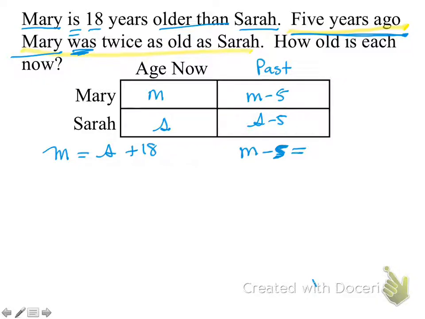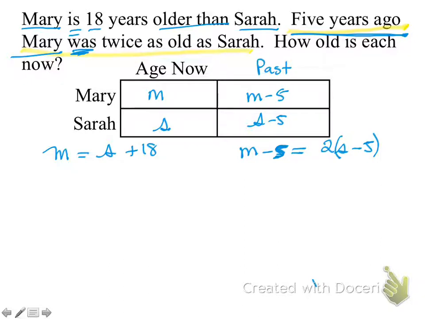Yes, 2S minus 5. Agree or disagree? Disagree. Why? Elizabeth? Because if that's 2 times S minus 5, it should be 2 times the whole expression, S minus 5. 2 times her age 5 years ago, not just part of her age.